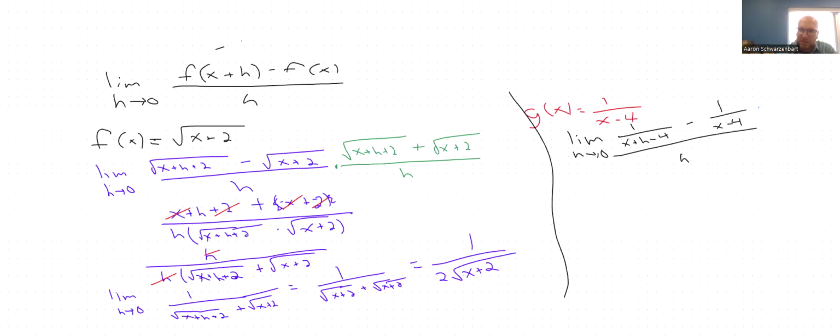So I'm going to multiply top and bottom by the other one. And this would be really gnarly, not fun, if I tried to FOIL that out, but I'm not going to FOIL it out.